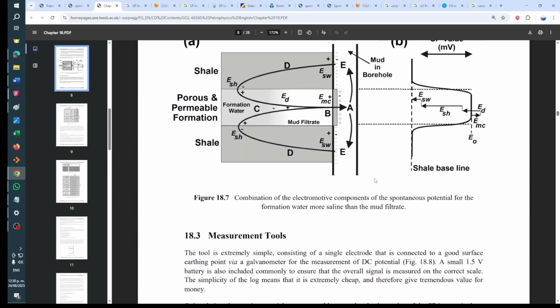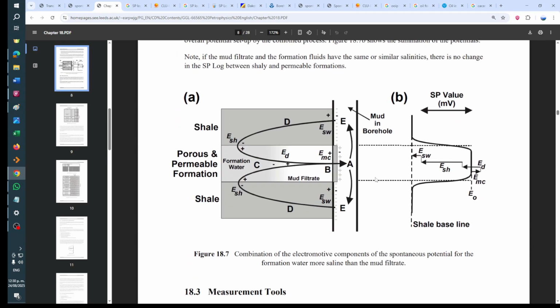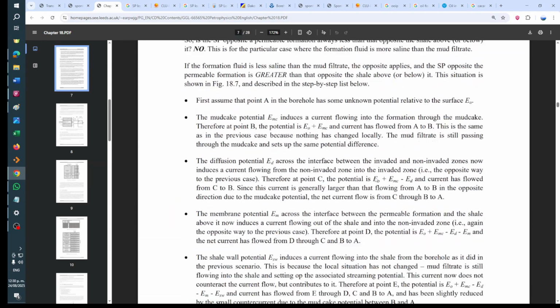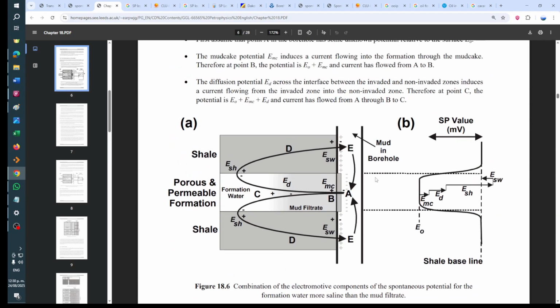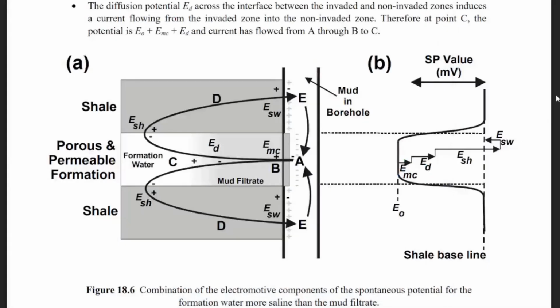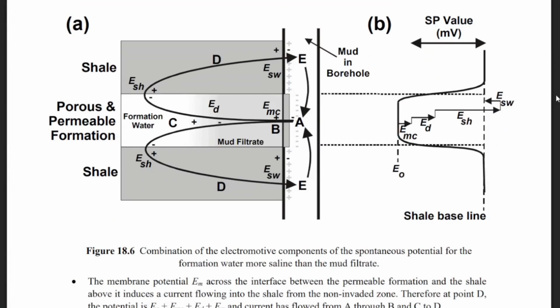What else can we say about this? It is the same thing that we were discussing before, that the SP curve has two possible sources and two possible contributions. Here in this plot we can see our shale, our permeable sandstone, and another shale.